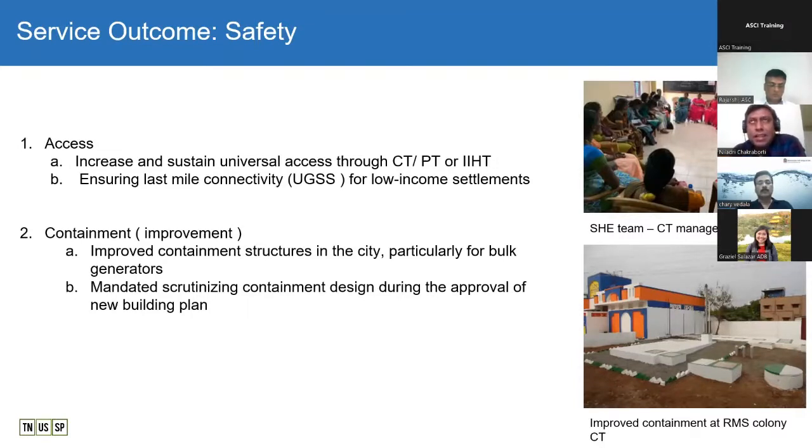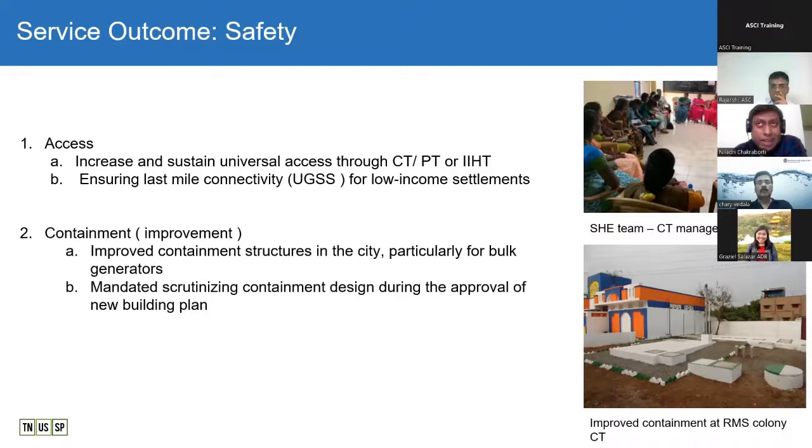And as I told you, there are quite a huge number of community and public toilets, and a huge chunk of the urban poor population relies on them, since the infrastructure was aging and there was an issue of operation and maintenance. So during this intervention, around 120 plus community and public toilets were renovated.